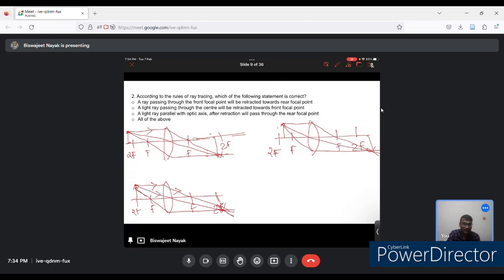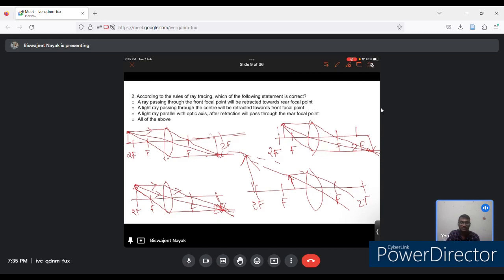And if the object is within the focal distance, then we get a virtual image. Okay, so here what the question says, according to rules of ray tracing, which of the following statements is correct?